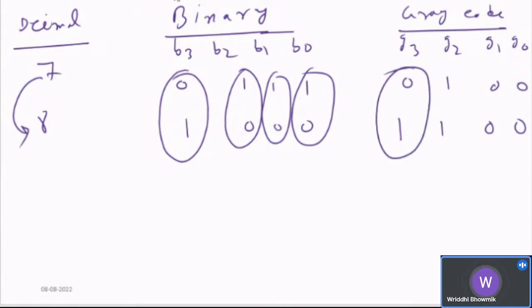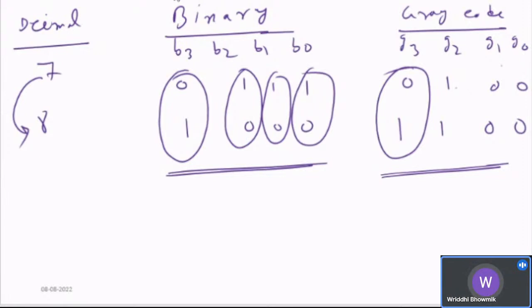For G2, G1, G0, you don't need switching. So in case of binary, you need 4 switching. In case of gray code, you need only 1 switching. So when we are converting binary to gray code, automatically we are reducing the switching operation.